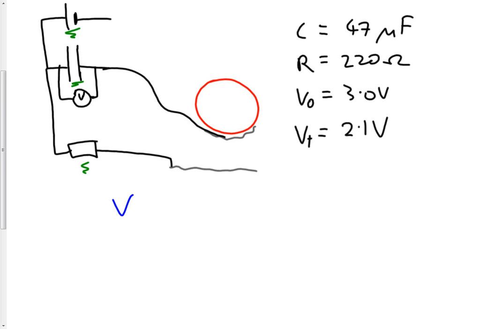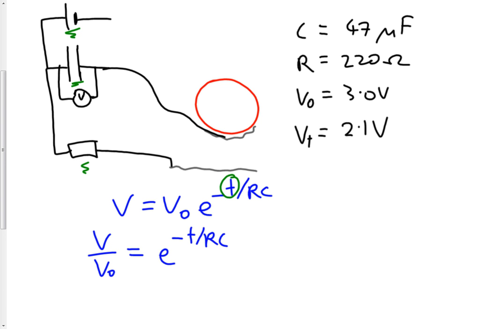We have our formula, V equals V naught e to the minus t on RC, and we want to know t, the time. So it's going to involve a bit of maths, but it will be familiar from radioactive decay, and it's just good practice. So V on V naught is going to be e to the minus t on RC.